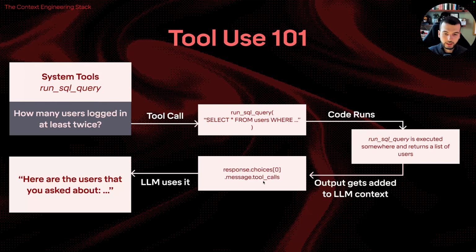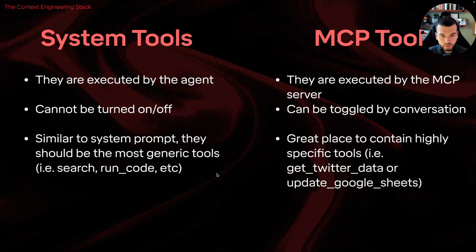The model gets back a structured response from it, and then it uses that response to answer the user. And all of these things are also stored in the context. So all previous tool calls are part of the context. They're not ephemeral. So this is another thing to really think through. The more tool calls get made, even if the conversation is short, there could be a lot in the context, which causes issues.